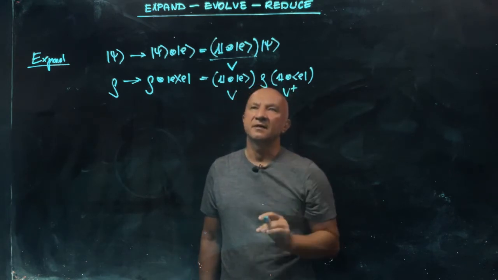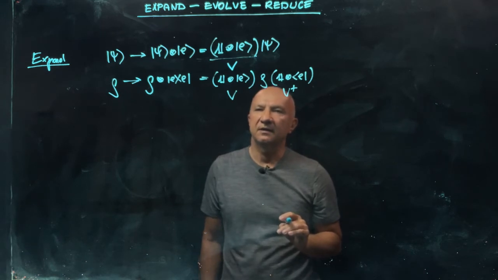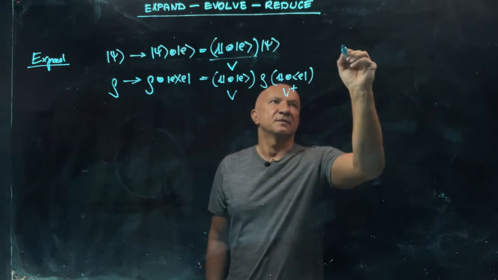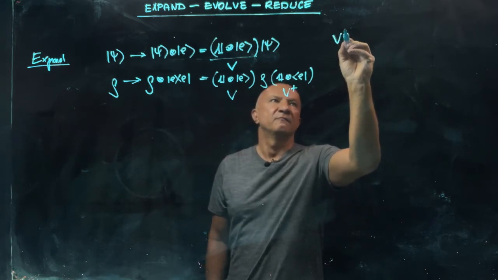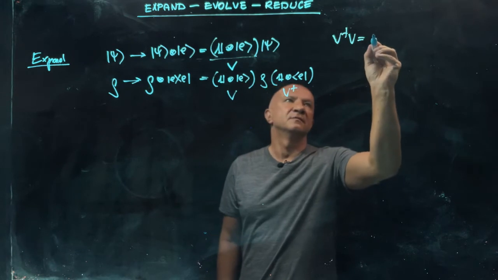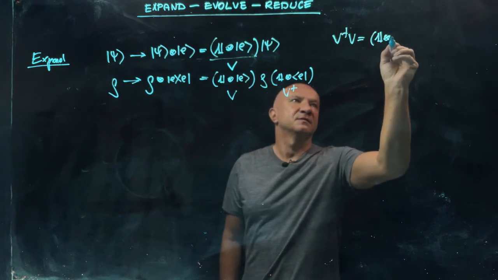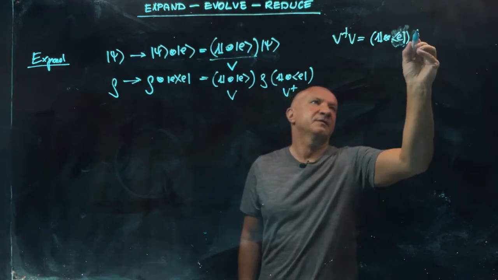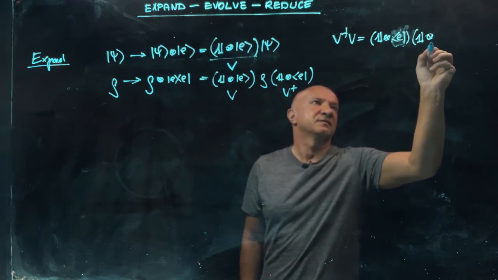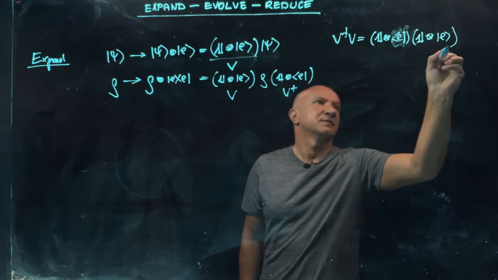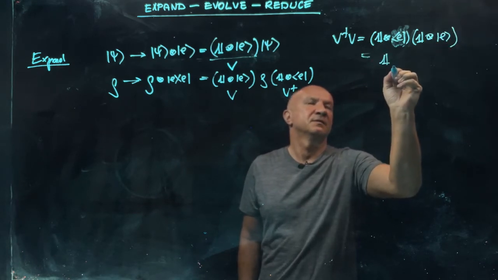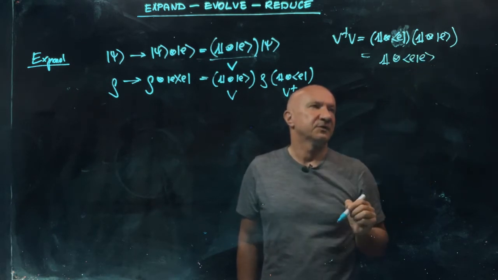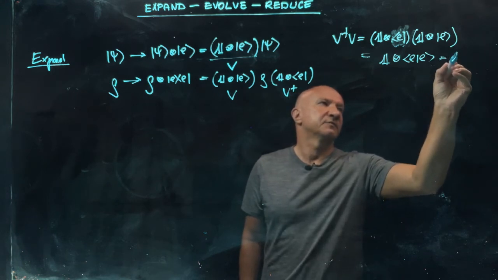So now V is an isometry. You can easily see that, right? You can see that V dagger V is equal to identity tensor E dagger times identity tensor E. So this is equal to identity tensor the scalar product of E with E, and that of course is equal to the identity.